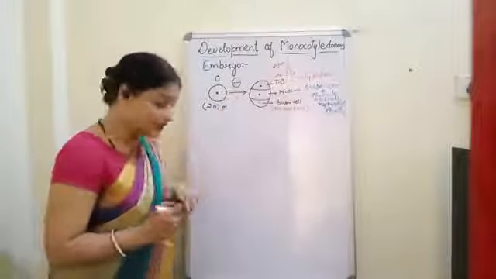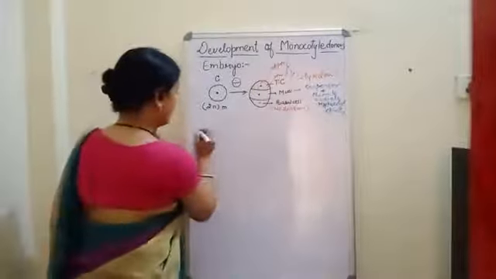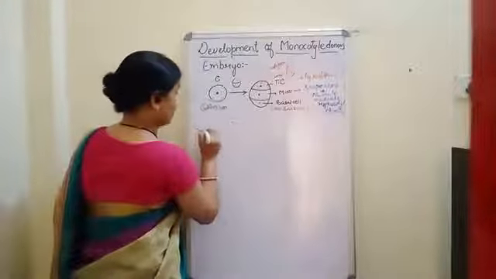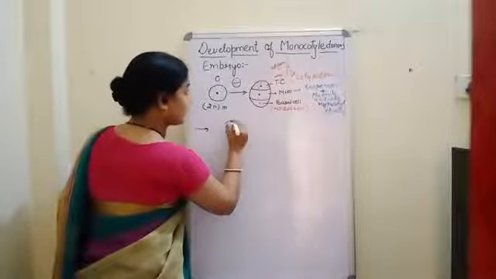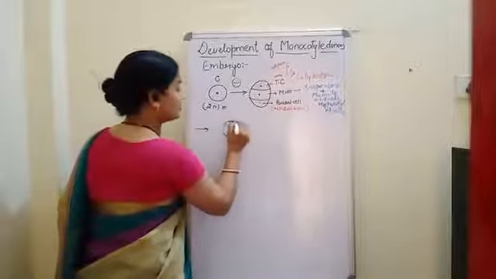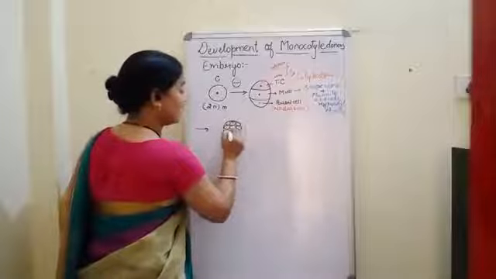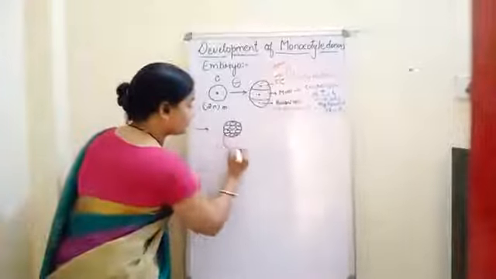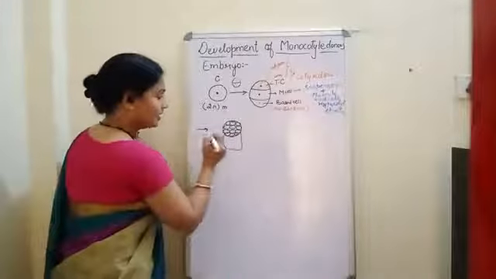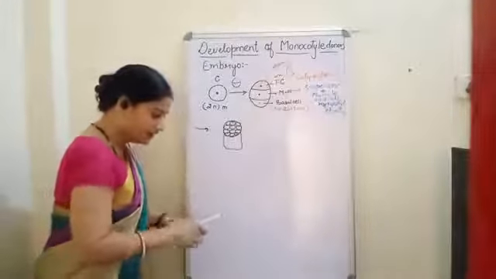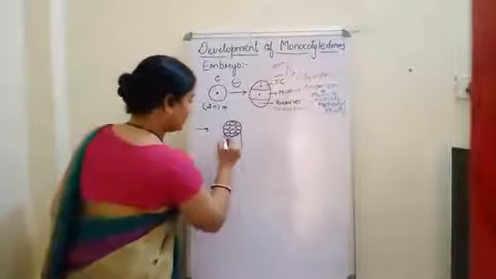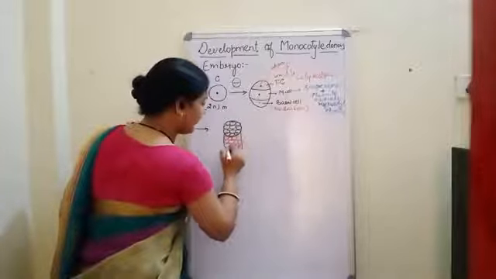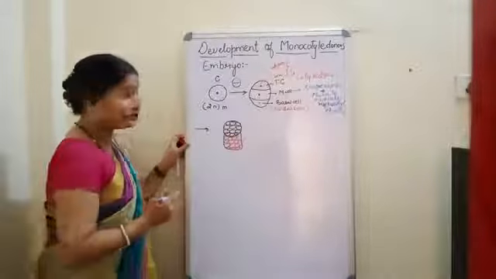Now how will this middle cell divide? I am drawing it here. Suppose this is our terminal cell. I told you this will be the mass of cells and this will give rise to the cotyledon. Now suppose this is our middle cell. There is further division in the middle cell, further mass of cells, and each layer of cells will give rise to a different part.